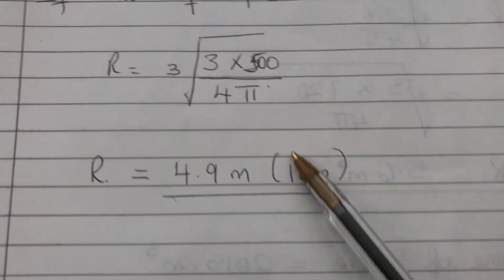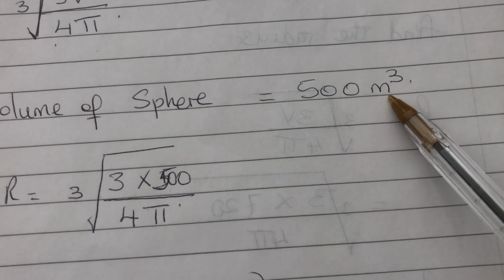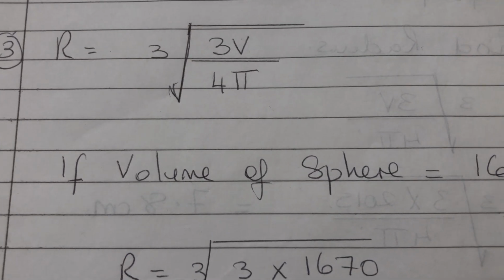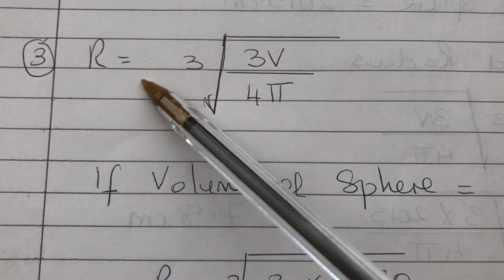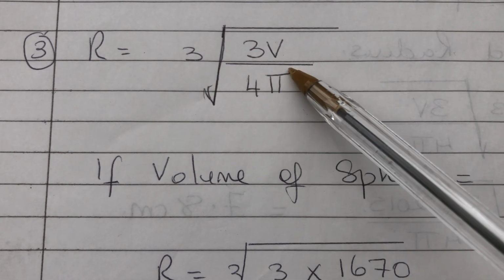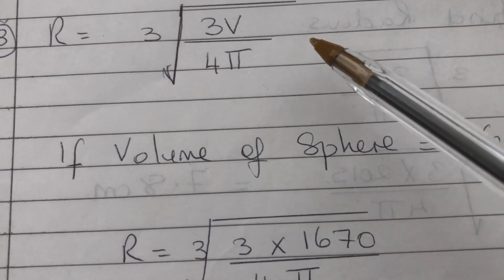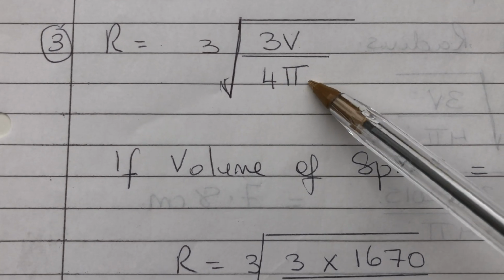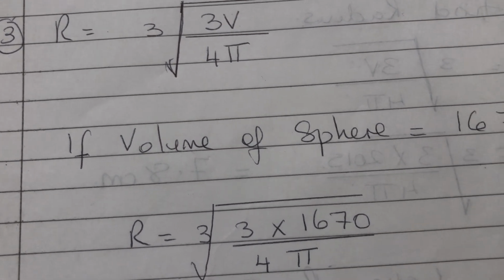Okay, because we have it in meters, the volume is in meter cube. The next question, r equals the cube root of 3v divided by 4 pi. You can also decide not to make r the subject, and if you put it in, you still come back with the same answer.